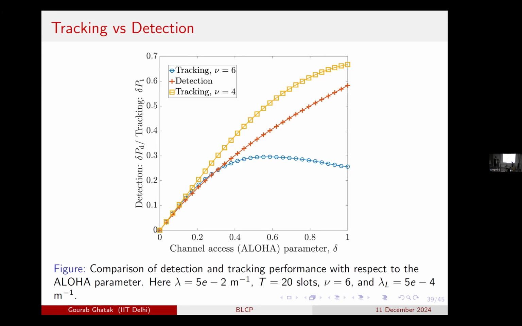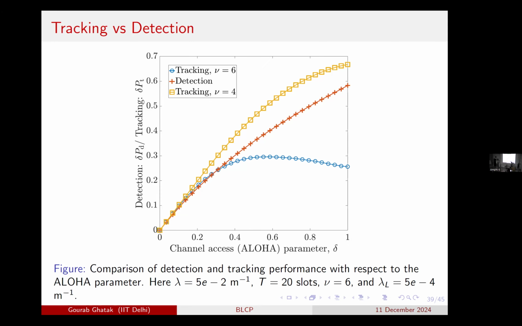If you are only interested in detection, if you get an access, right, then you have to compete again for access, right? And then you are interested in whether in the slot where I'm transmitting, whether I'm getting a successful detection or not. Whereas in tracking or block-based MAC, even if you get access, you are guaranteed chances of transmission in the entire block.